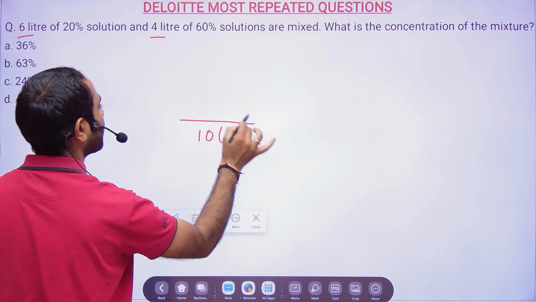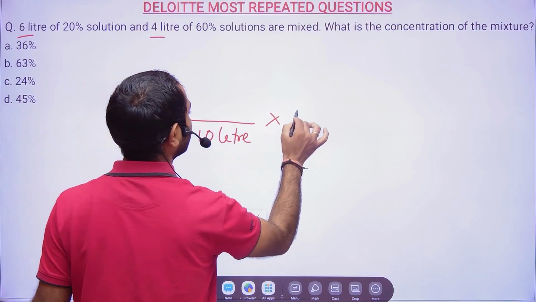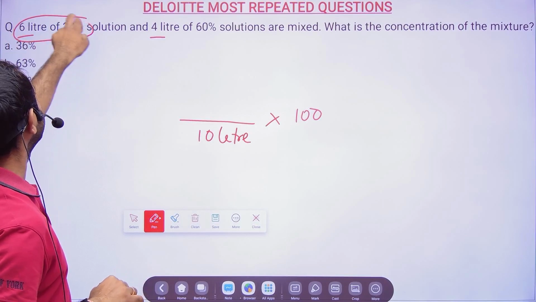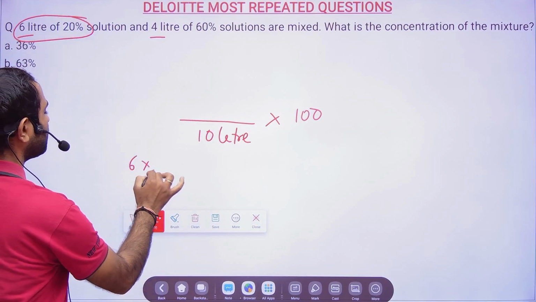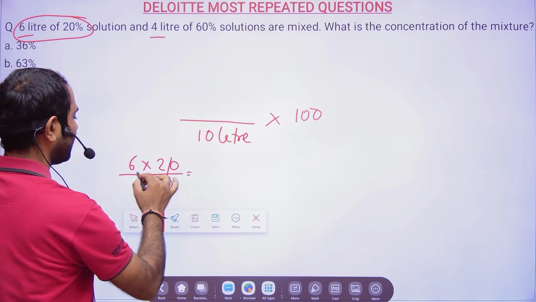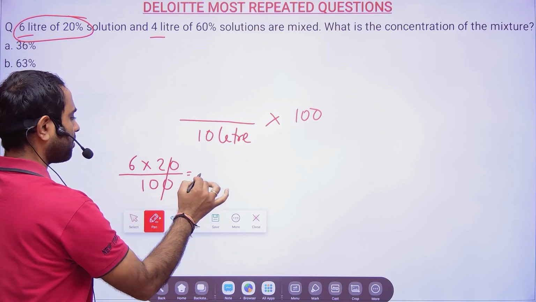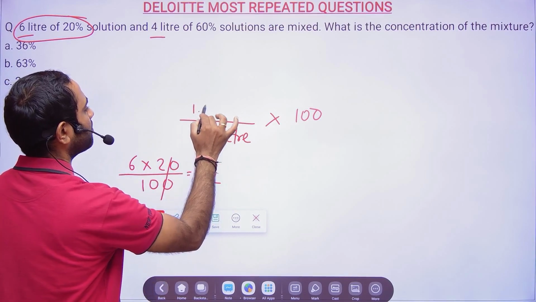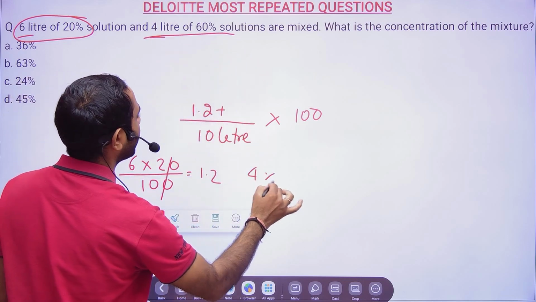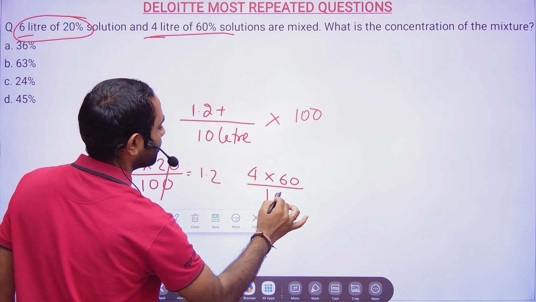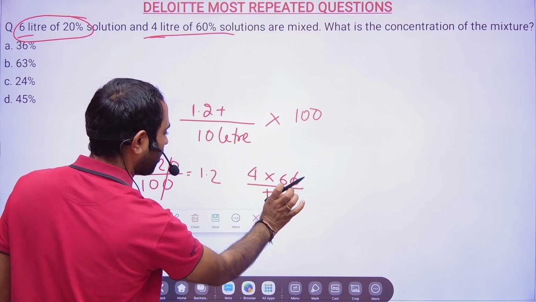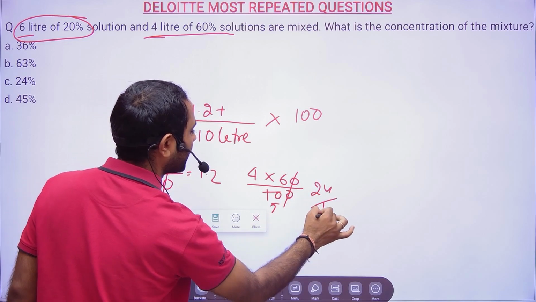Now if you have to calculate the percentage, I will multiply by 100. 6 liter of 20%, so 6 into 20 by 100, it is nothing but 12 by 10, 1.2, plus 4 liter of 60, so 4 into 60 by 100, or 24 by 10, it is 2.4.